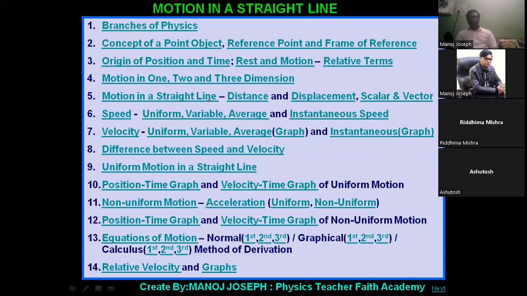Motion in a straight line, that is distance and displacement, scalar and vector physical quantity, speed, uniform, variable and average and instantaneous speed, and the velocity, uniform, variable, average and instantaneous.